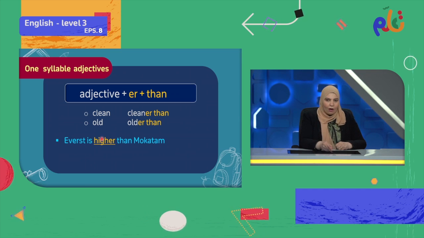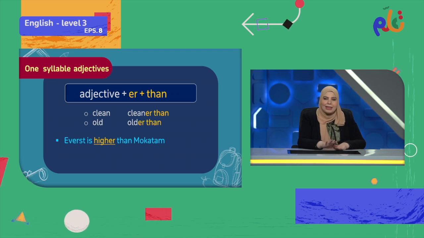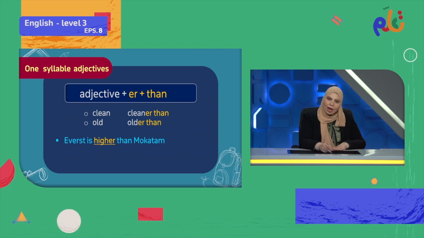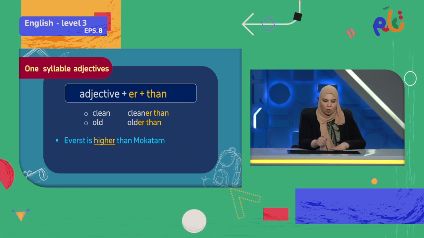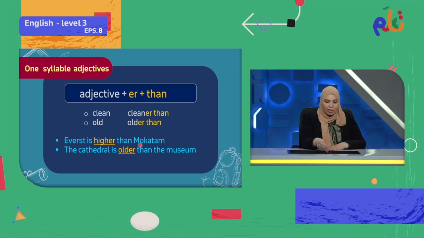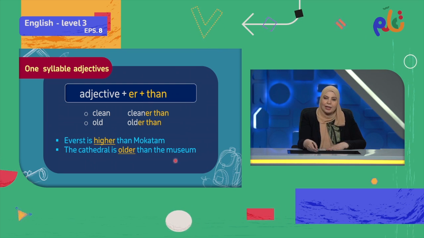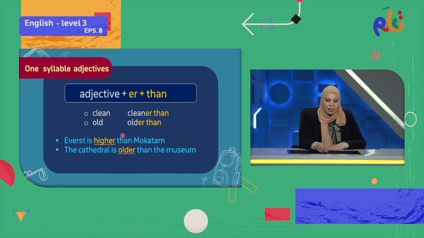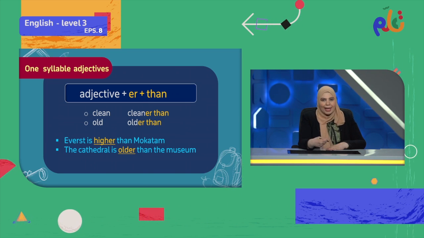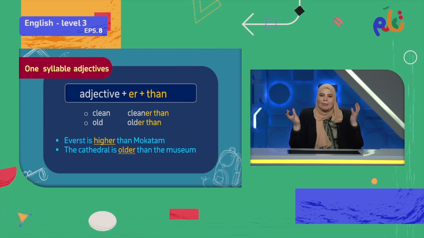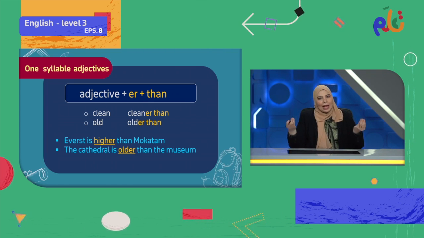So here, high, higher. So Everest is higher than مقطم. So we have high, one syllable, we added ER, and then we added than. Higher than. So Everest is higher than مقطم. And we have the cathedral is older than the museum. عندي old, I added ER and then we put than. وده هنا أنا بدأت أقارن مين فيهم الأقدم.